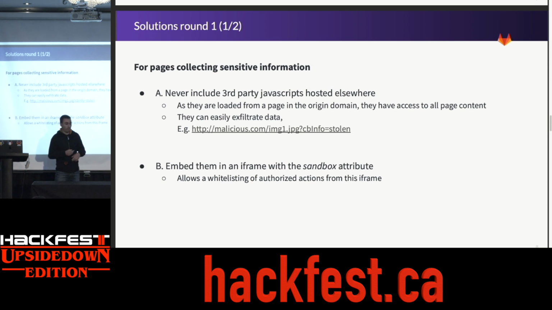For example, malicious.com/image1, and then the server that you control under malicious.com will not have a picture under this URL, but in the logs, you will be able to find some data and whatever. So that's easy. So, first solution is to have ugly payment pages, and then maybe you can survive with it.